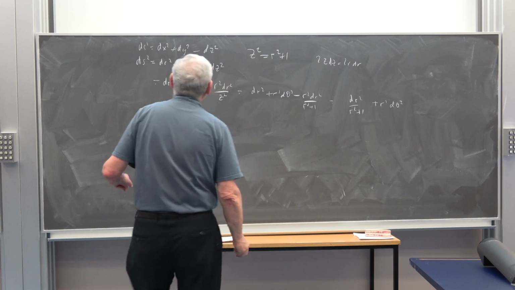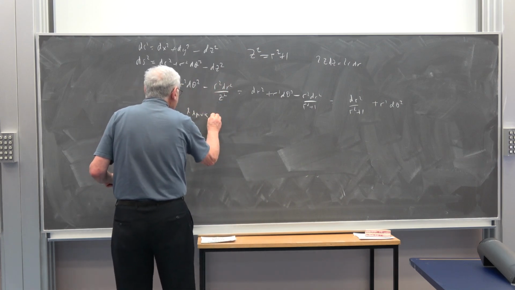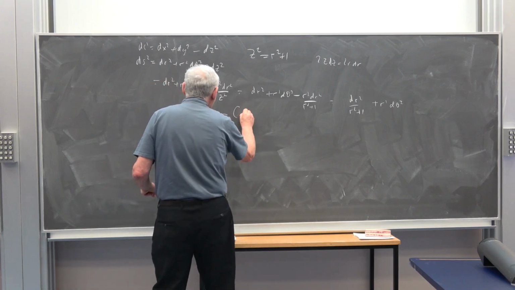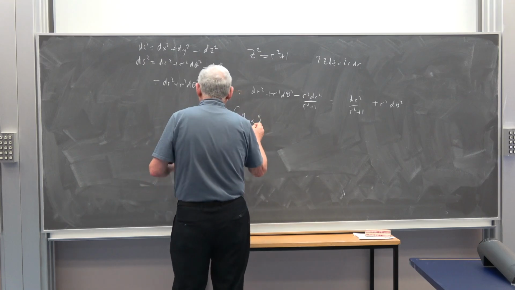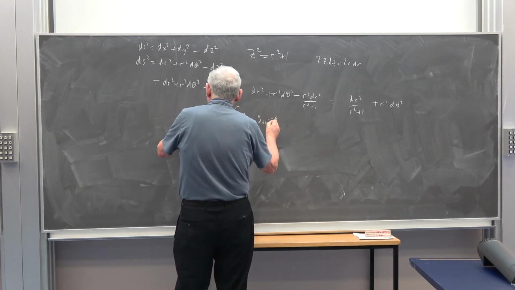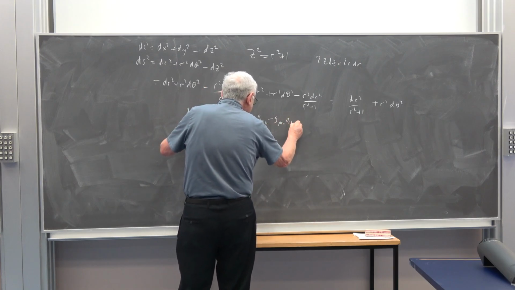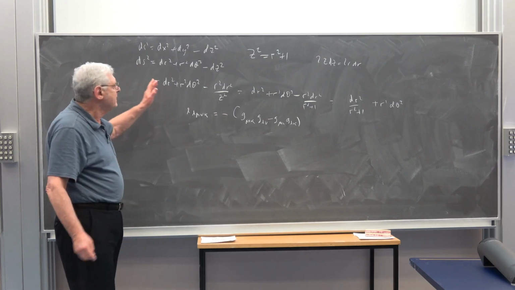Finally, if you calculate the Riemann tensor R lambda mu nu kappa, it's non-zero, and it's minus g mu kappa g lambda nu, minus g mu nu g lambda kappa. Now you can actually go ahead and take the metric.